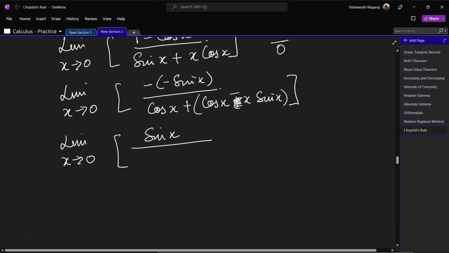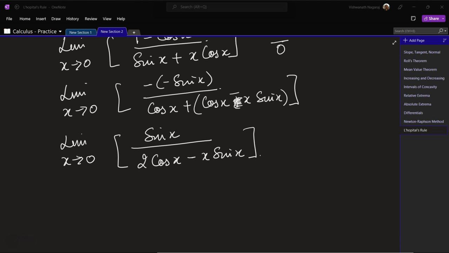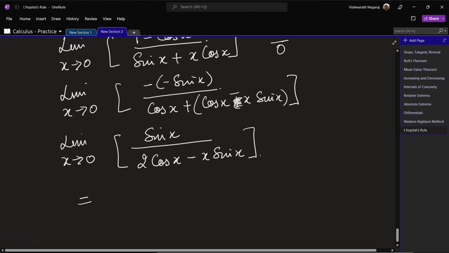I have removed this and put minus. So this becomes 2 cos x minus x sine x. Okay. Now what happens if we do direct substitution? Sine 0 is 0. But what happens in the denominator? We get 2 cos 0, which is 1. So 2 minus 0. So in the denominator we don't have 0. So we can take the limit: 0 divided by 2, which is equal to 0. So the limit is 0.